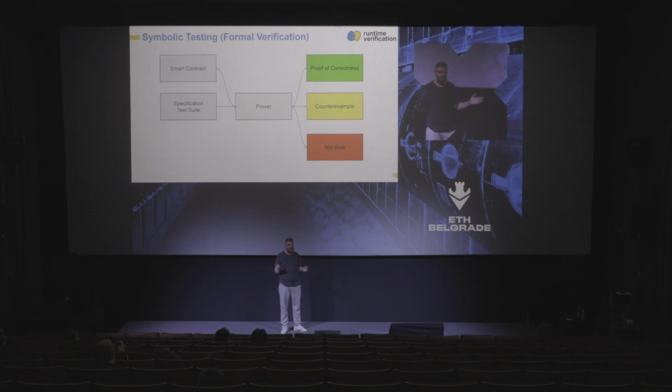That's a rigorous mathematical proof that this is literally impossible. Or the prover says, you know what, I'm not sure, I don't know. Then you need to guide the prover, provide some custom lemmas, and tell it how to make progress. The ultimate goal is, of course, to reach this green state, where you have proofs that your smart contract actually satisfies your test suite or your specification.